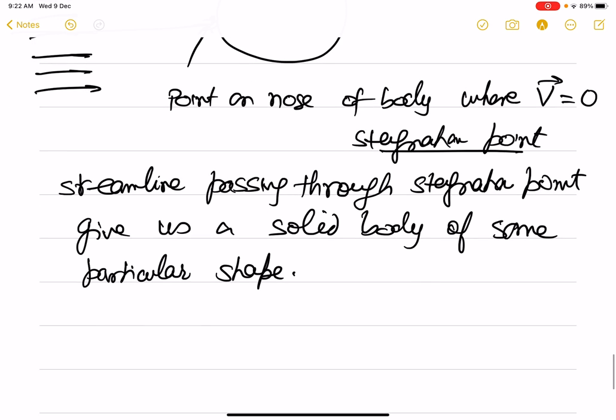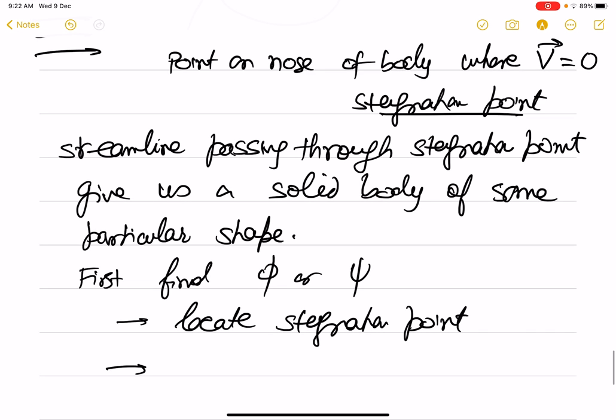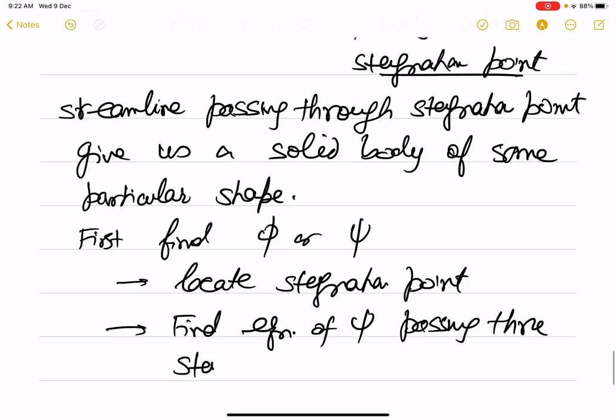So our methodology will be, we first find phi or psi, then we locate the stagnation point, and after we locate the stagnation point, we find the equation of psi passing through the stagnation point.